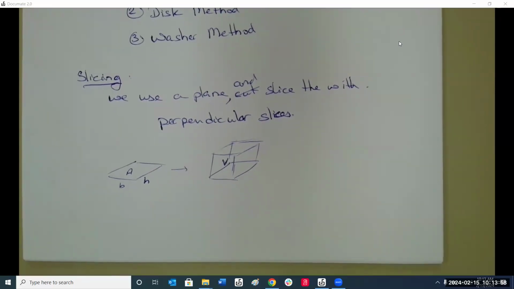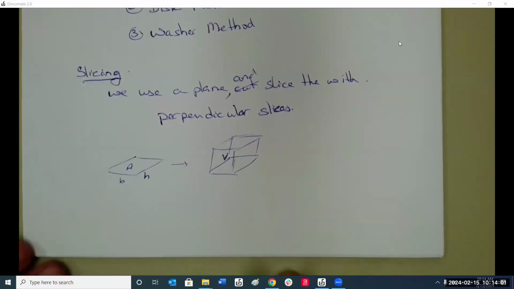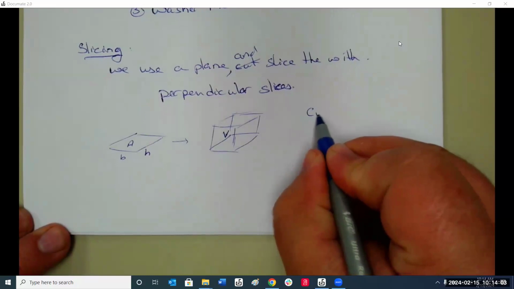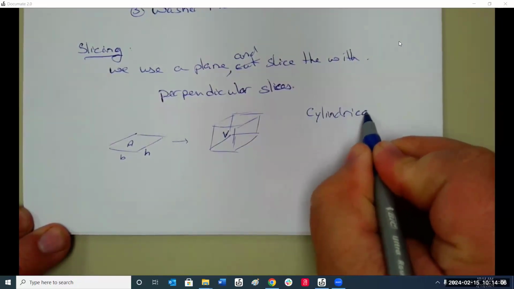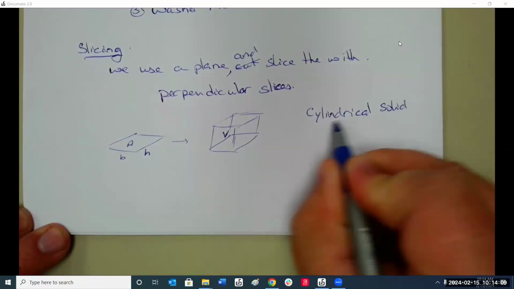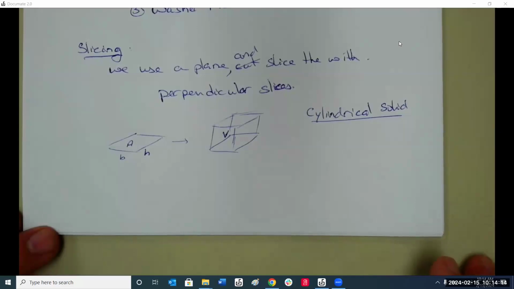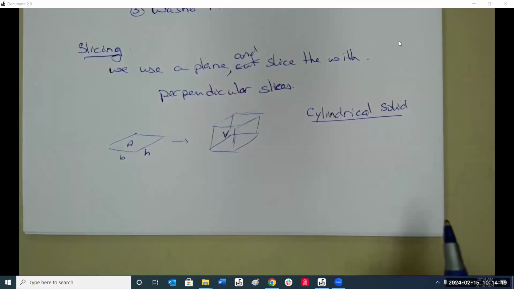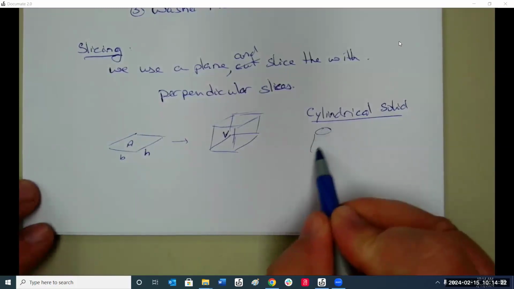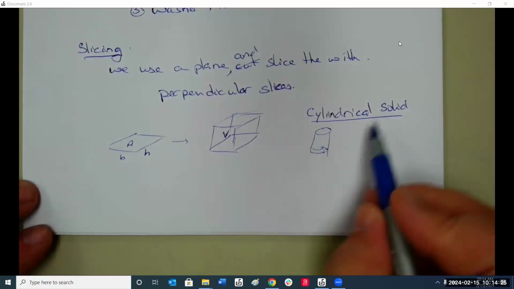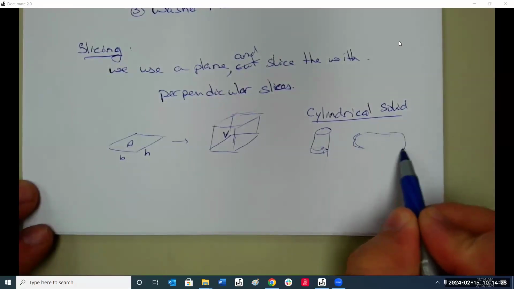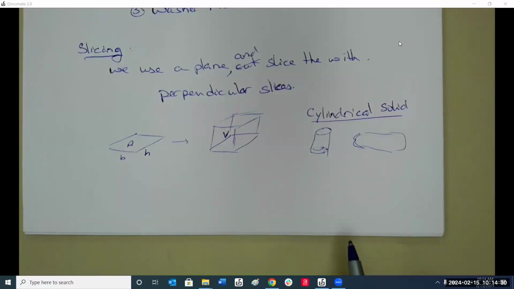So let me define a word which you'll see a lot: cylindrical solid. You'll see the word cylindrical solid all over the place. It doesn't have to be a circle, it just has to be a smooth shape. It could be circular, it could be square, it could be regular, it could be anything.